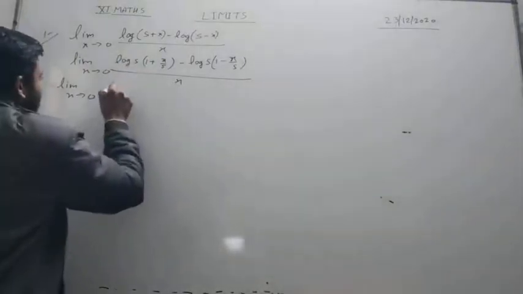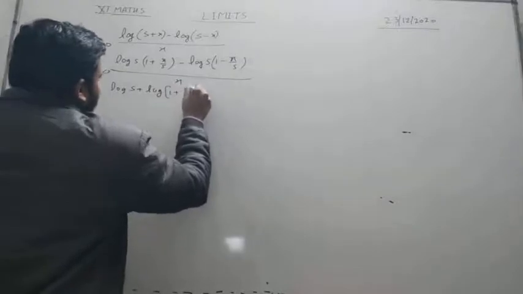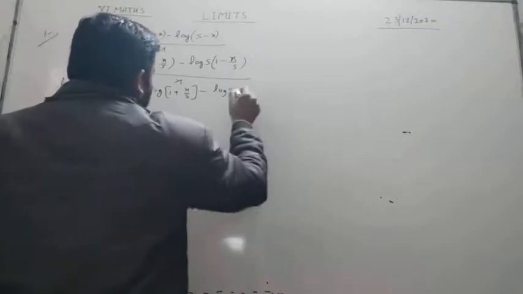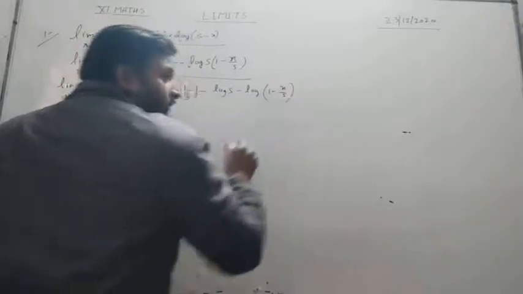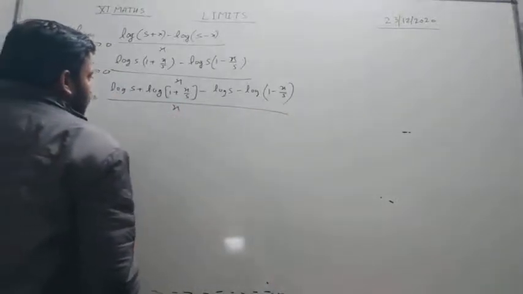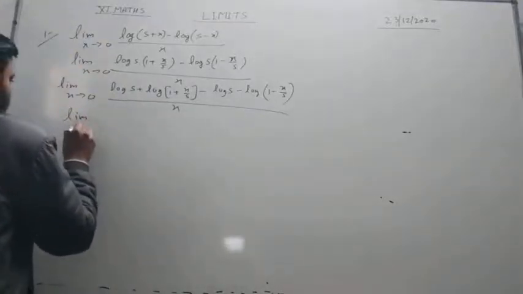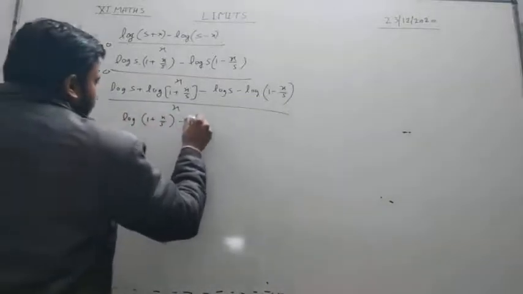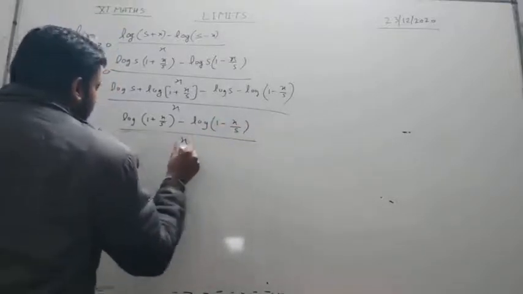So we write log 5 plus log(1 plus x by 5) minus log 5 minus log(1 minus x by 5), divided by x. We see that log 5 and log 5 will cancel and we get limit x tends to 0 of log(1 plus x by 5) minus log(1 minus x by 5) by x.